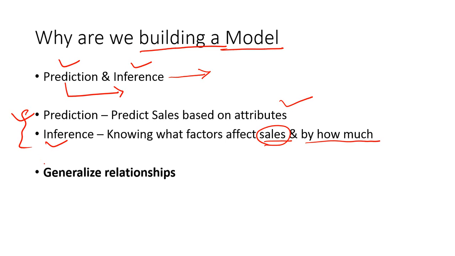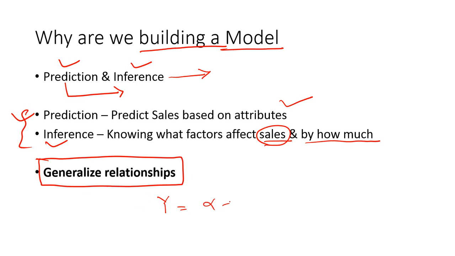So the point we should keep in mind is that building a model is about generalizing the relationship between your variables. If you're familiar with modeling, you know that you have a dependent variable and an independent variable, and we are trying to generalize the relationship between them.